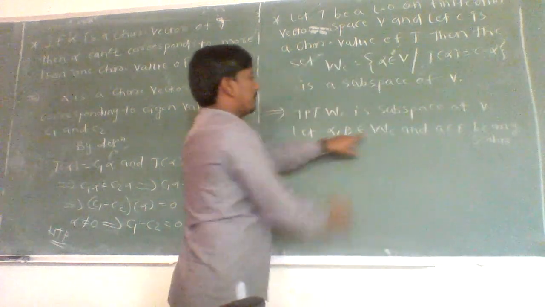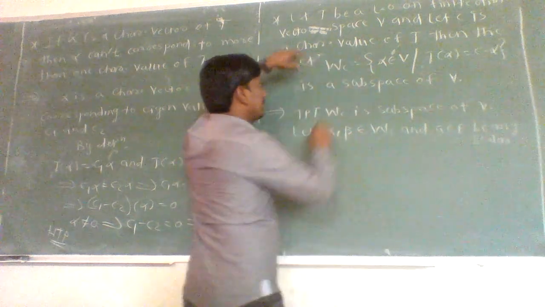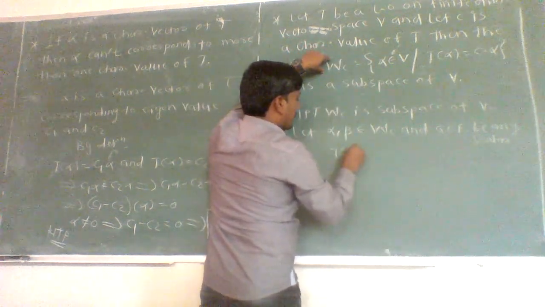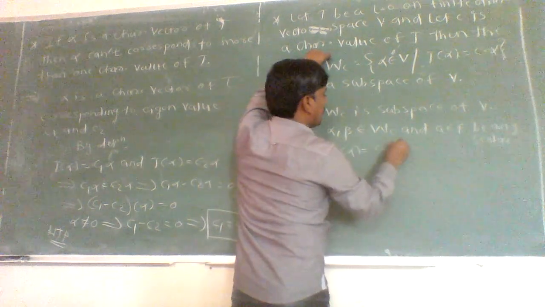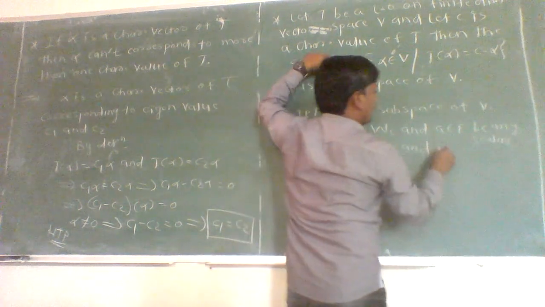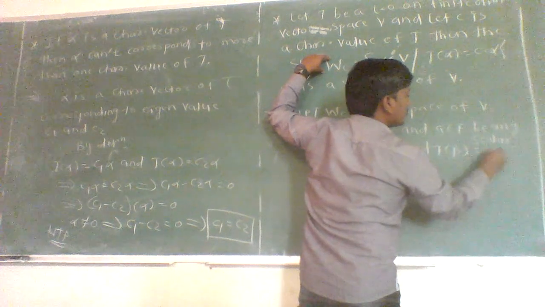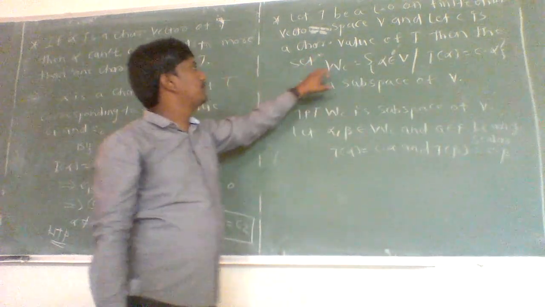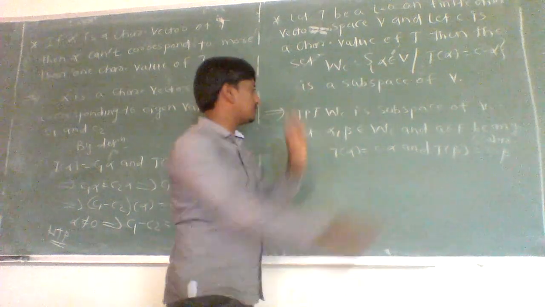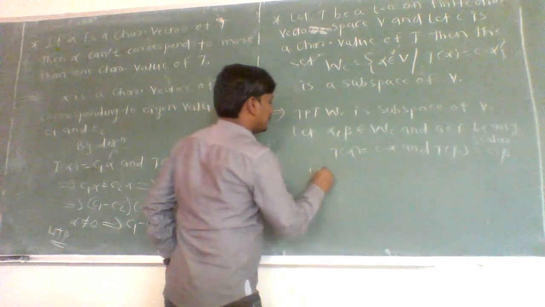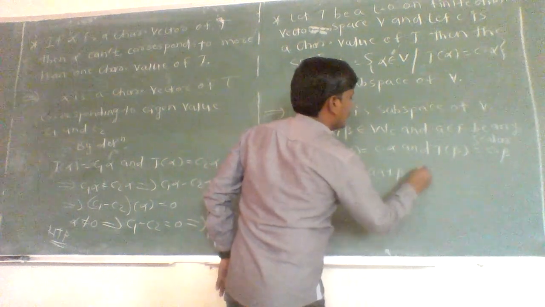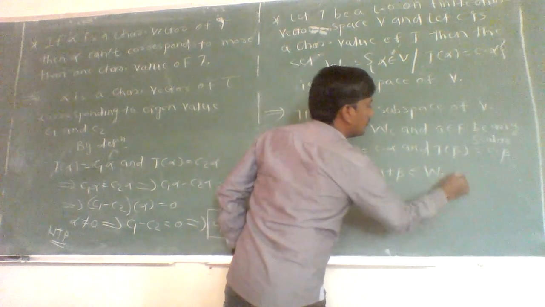Okay, let alpha and beta belong to WC. Then according to their definition, T of alpha is nothing but C alpha and T of beta is equal to C into beta. Now we have to prove that WC is a subspace of V. That is, to prove that A alpha plus beta also belongs to WC.